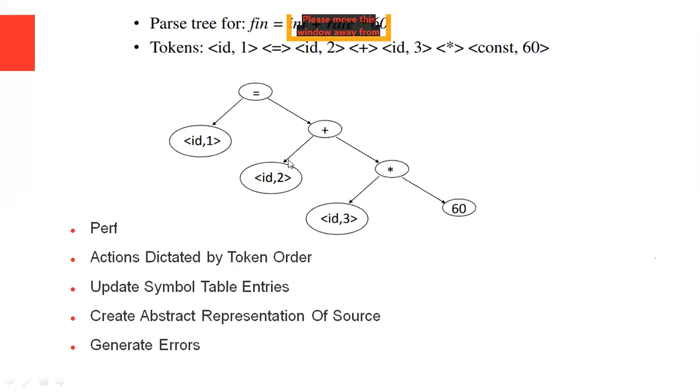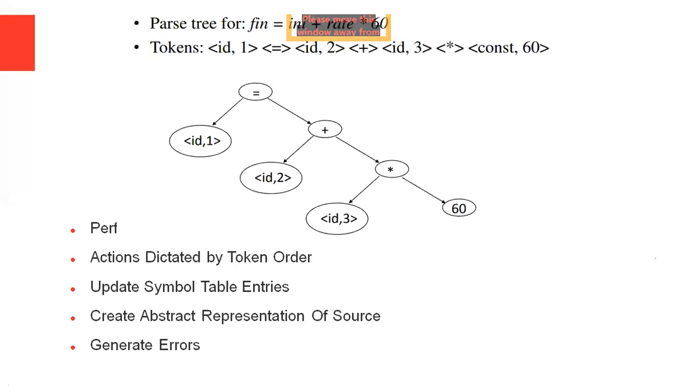So in this, equal to is first one, and id comma 1 is one leaf node, and before going to write id2, we are having one operator, that is plus. So id comma 2 we are writing, and id3 we are writing star. So star into id comma 3, and the last one, 60, is the constant. So in this way we are constructing a parse tree for the given example.